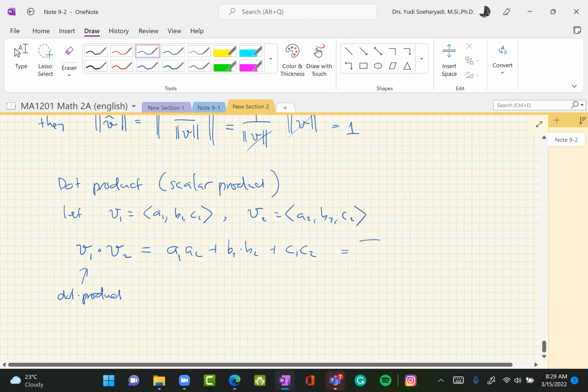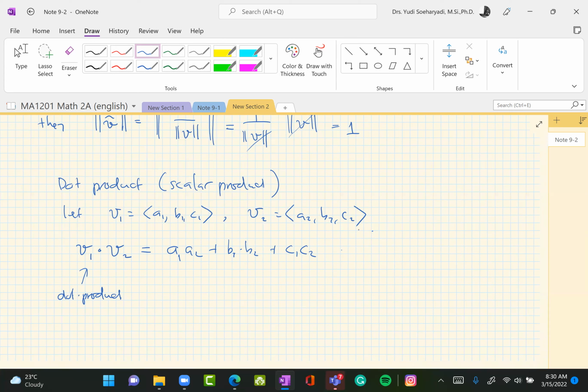In summation form, this is the sum over k from 1 to 3, because there are three components. If it's just in the plane, then just dismiss the C component, the third component.